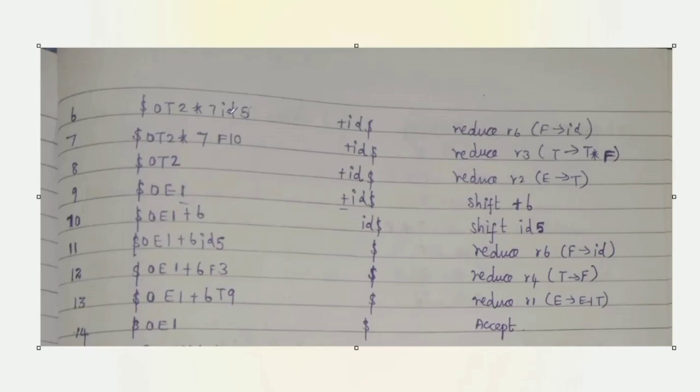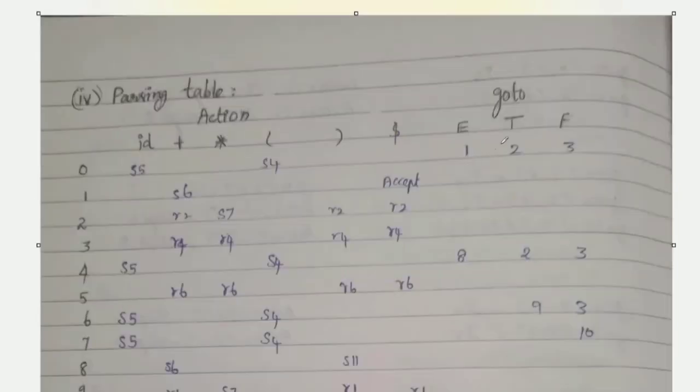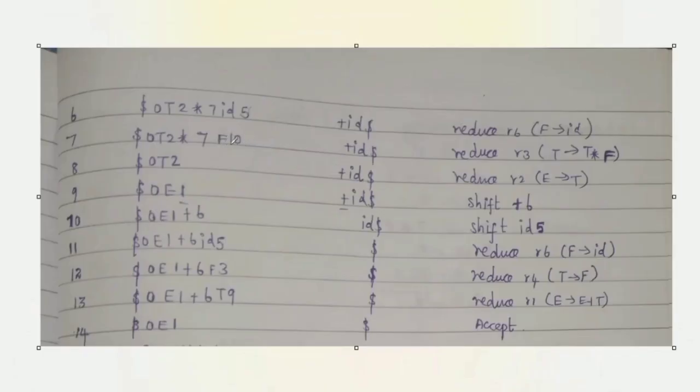In the stack, ID 5 is reduced to capital F. The stack becomes 0T2 star 7 capital F. F plus: we cannot compare F plus. Then see the table: 7F is going to be 10. Write 10 here.